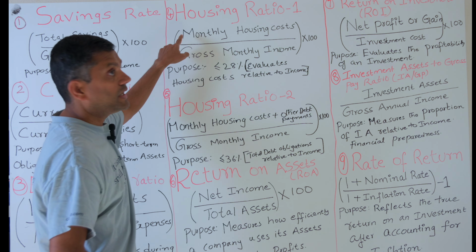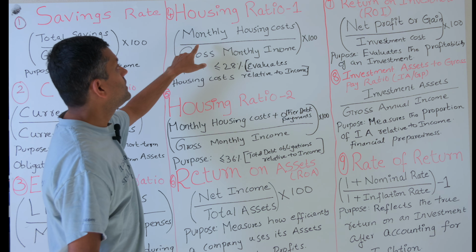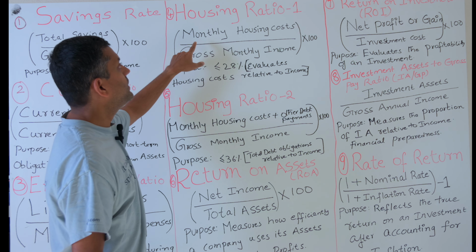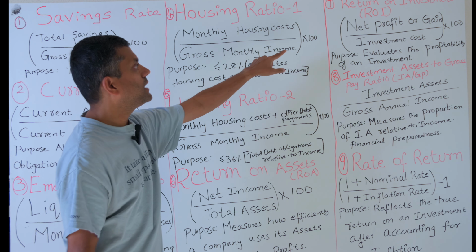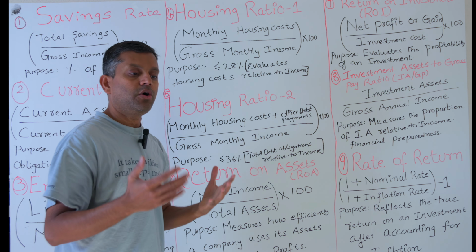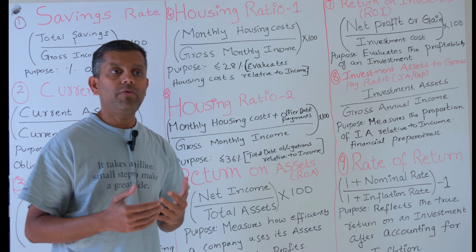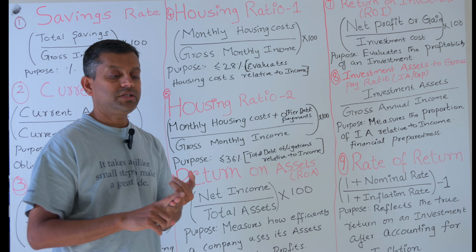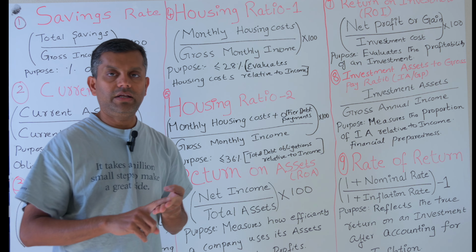Next is housing ratio 1. Housing ratio 1 is calculated by dividing monthly housing costs by gross monthly income times 100. So what are monthly housing costs? For example, if you own a home, you pay principal, interest, property taxes, and insurance, right?